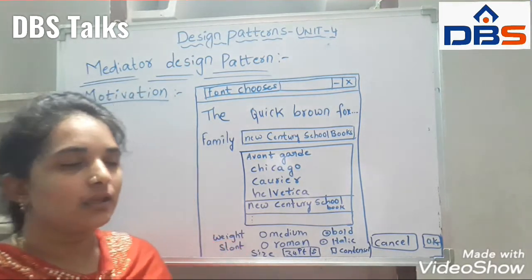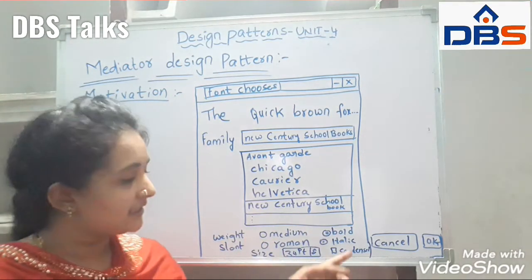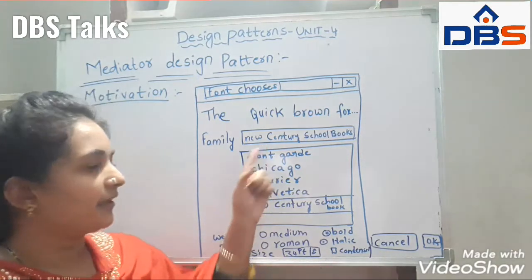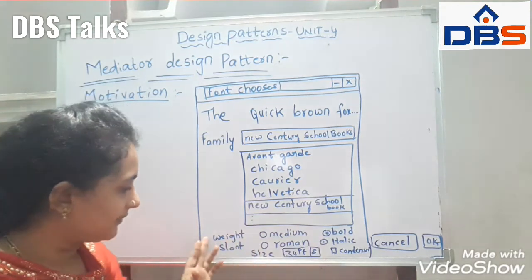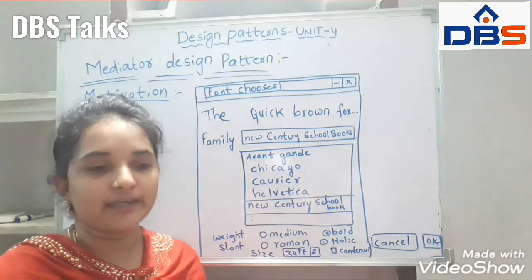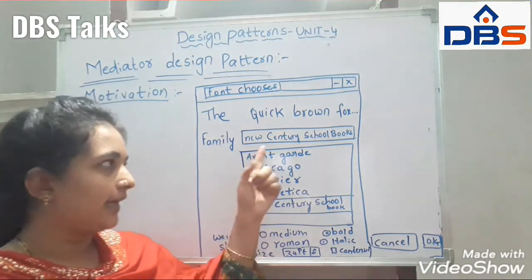For example, buttons are disabled when the entry field is empty. Whatever buttons we have, like weight, slant, size, cancel, okay, these are the different buttons we have, and these buttons get disabled when a certain entry field is empty.